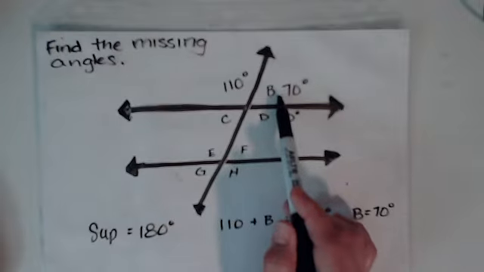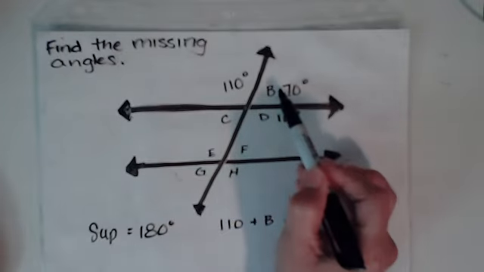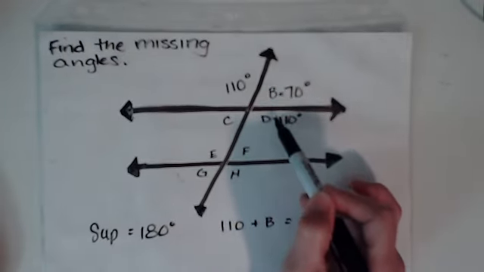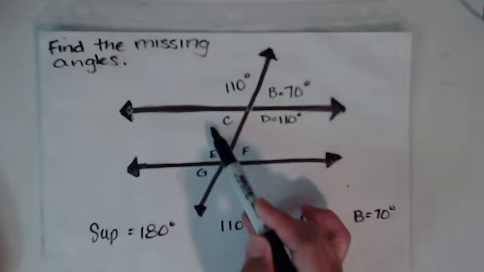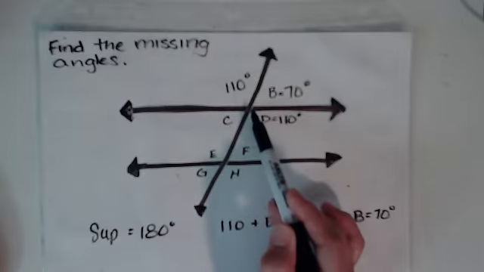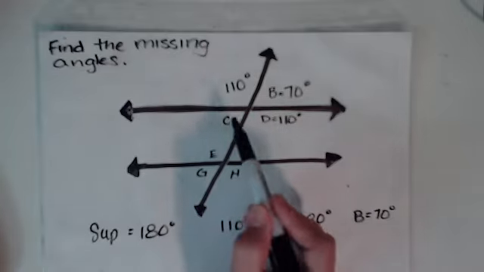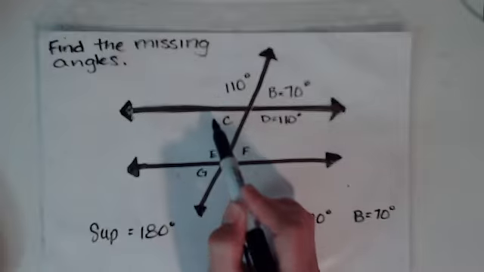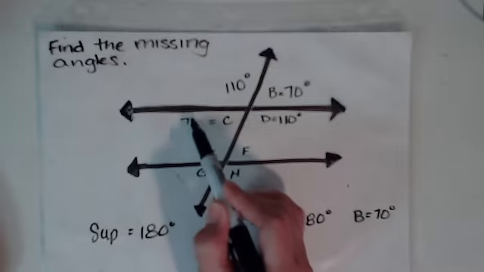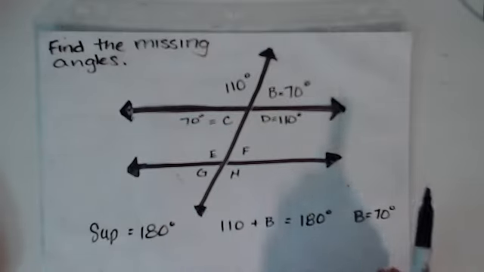We can do the same with angle B, which equals 70 degrees. The opposite angle from it, going through the vertex to the other side, when we have two lines crossing, is also equal to 70 degrees.